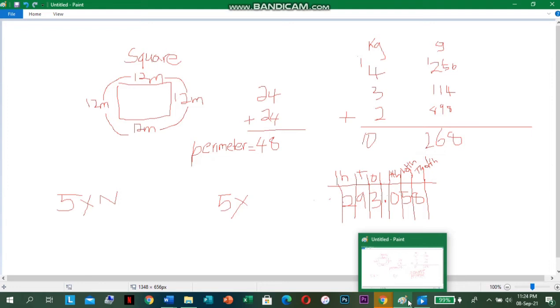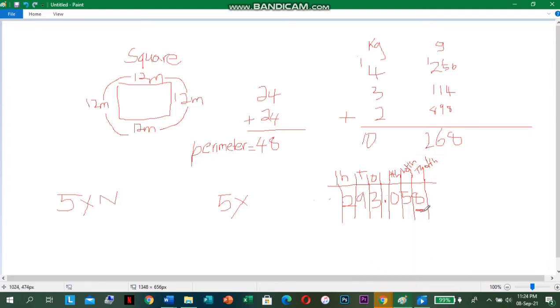So the question says, what is the value of the 8? The value of the 8 is thousandth.